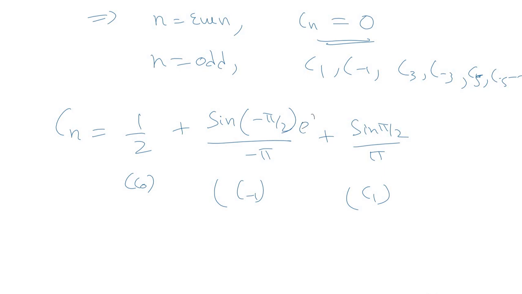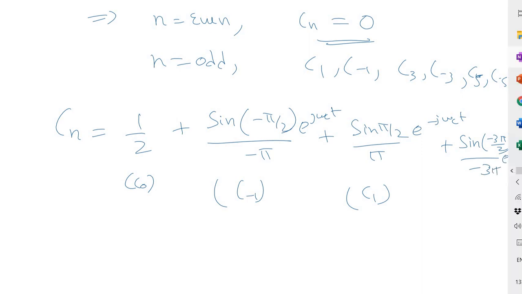Into e raised to power j omega ct and e raised to power minus j omega ct, and so on, like sine of minus 3 pi by 2 divided by minus 3 pi into e raised to power j3 omega ct, alright, and so on. We can find out all the odd components of the Fourier series coefficients.